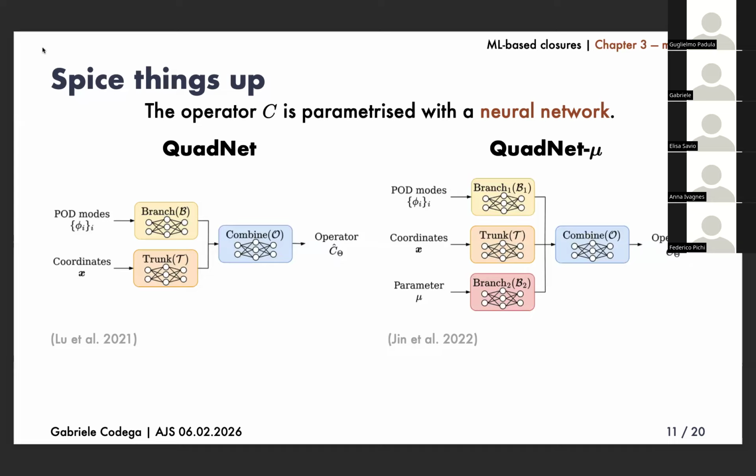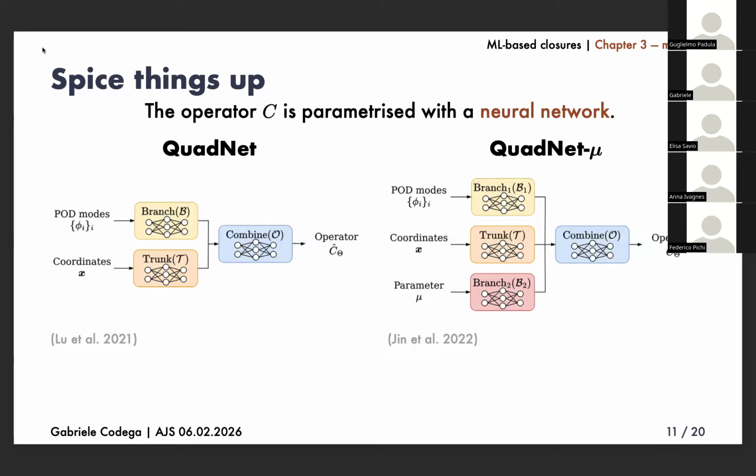And what's more, maybe it's not obvious from this diagram, this model is now continuous in space. All it needs is some coordinates. So you just give it some location in the domain, which need not be a discretized point in principle, right? And it will give you back the value of that quadratic operator in that location in space.